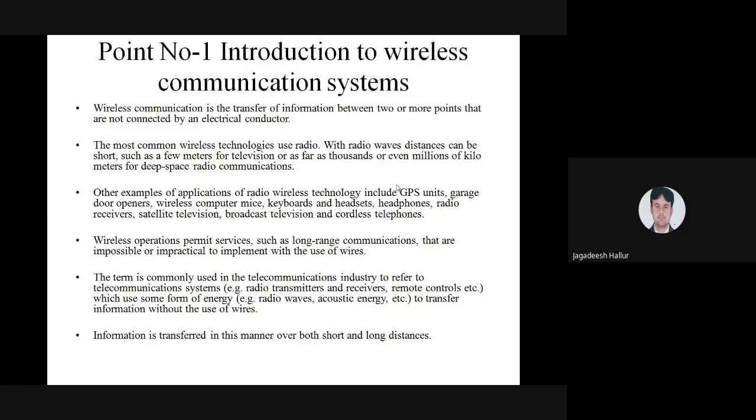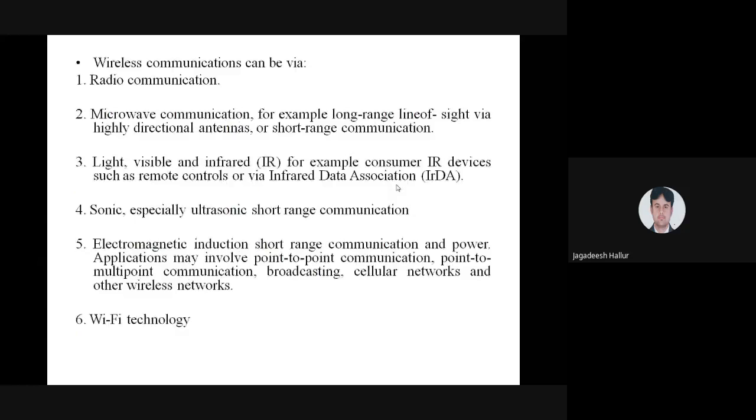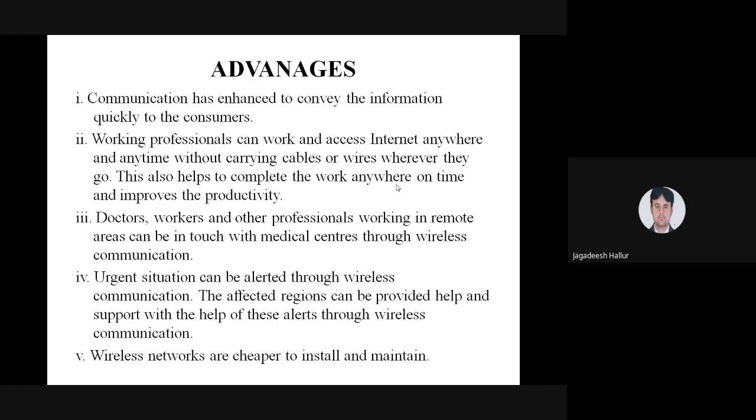What is the actual advantage? Where are we using wireless communication? Which devices are we using for wireless? Where are we using long distance communication, and which technologies are we using for short distance communication? We should know. And what are the advantages of wireless communication?